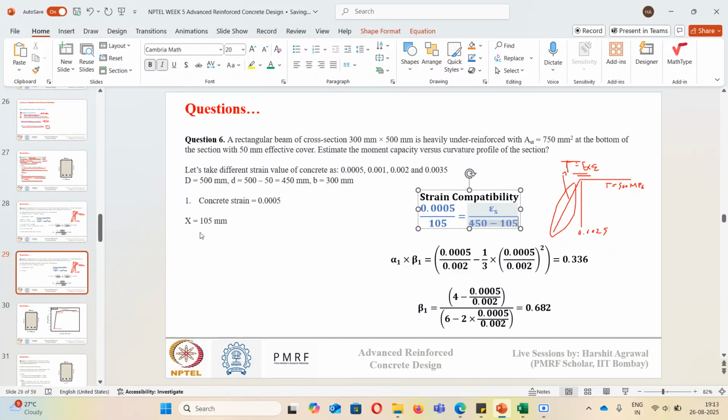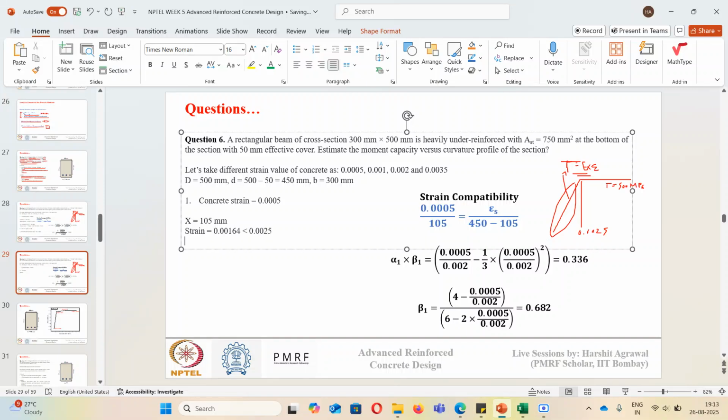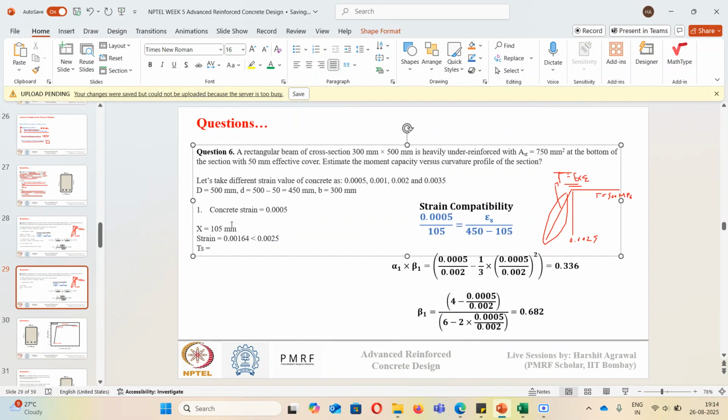So we can get the strain in steel. The strain in steel will come out to be 0.00164, which is still less than 0.0025. It means that the tensile force we need to calculate from the modulus of elasticity times the strain, because we are lying in this zone. So it is 0.00164 times 2 into 10 to the power 5.